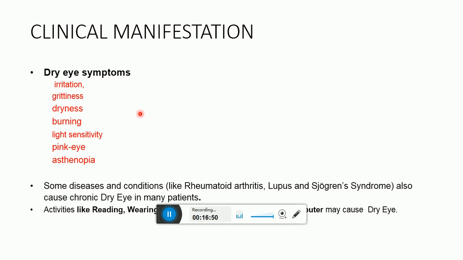Symptoms of KCS are frequently exacerbated on exposure to conditions associated with increased tear evaporation, for example air conditioning, wind and central heating, or prolonged reading or video display unit use when blink frequency is reduced. So the symptoms associated with keratoconjunctivitis sicca are exacerbated by exposure to wind, air conditioning and central heating.